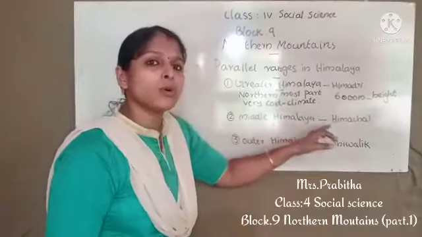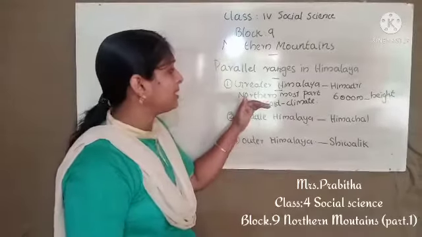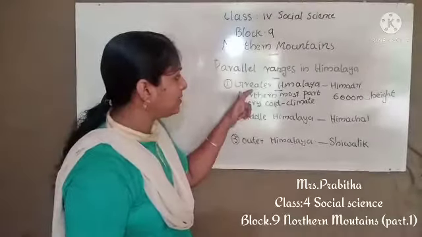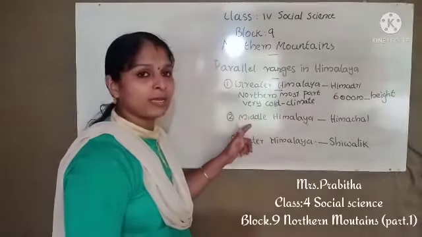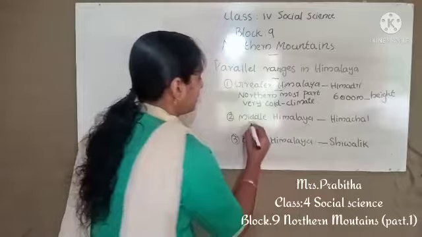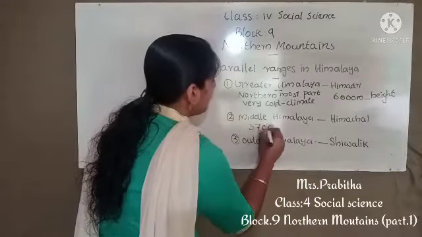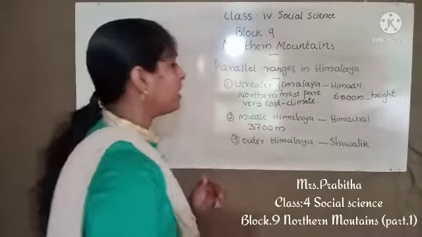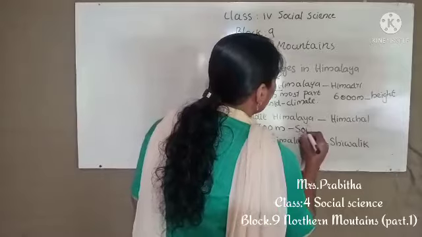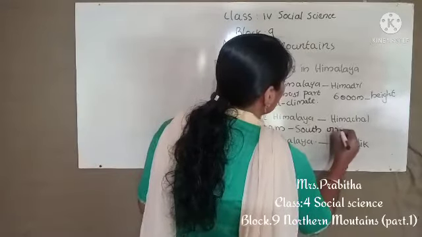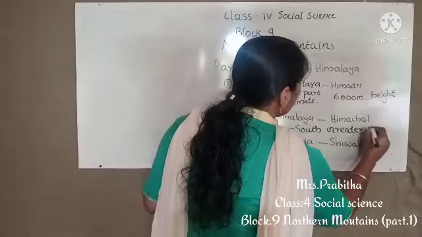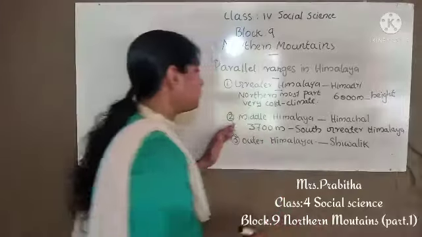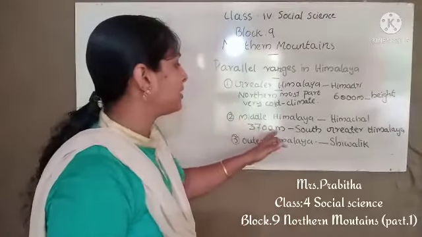The next one is Middle Himalaya, also called Himachal. Middle Himalaya is in between Greater Himalaya and Outer Himalaya. The average height of Middle Himalaya is 3,700 meter, and it is situated in the south of Greater Himalaya.